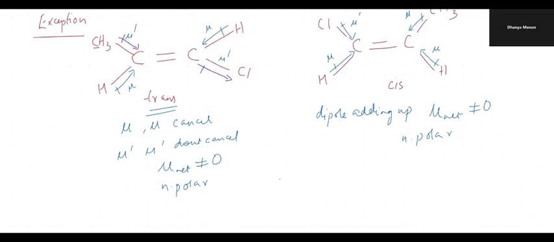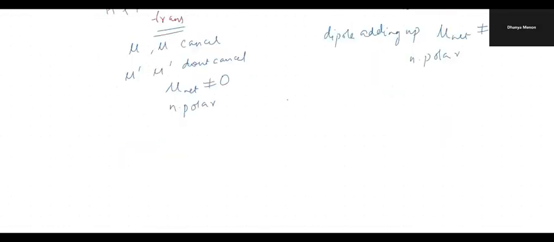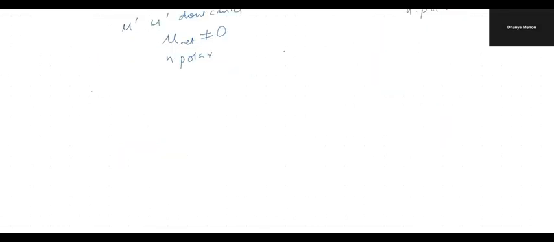Let's do a question. I'm giving you 4 compounds. And you need to tell which is more polar. So this is A. This is B. Chlorine.